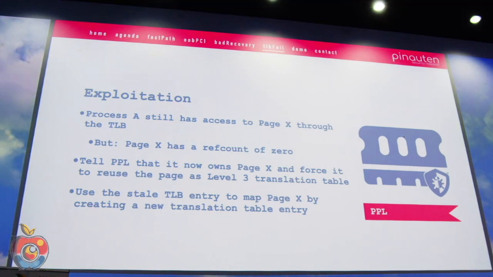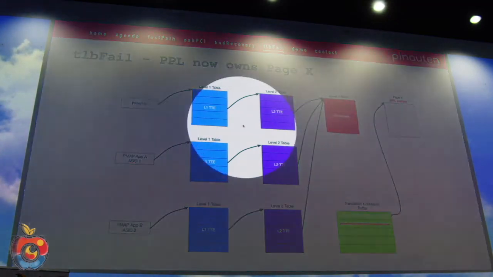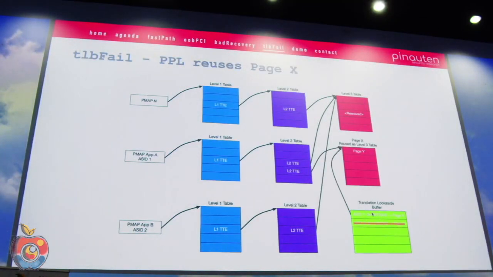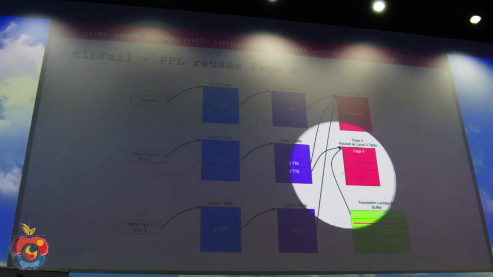After doing that, we can still access this page X through the stale TLB entry. So we mark this page as being PPL owned, and we can still access it through the translation look-aside buffer. And we can force the PPL to actually reuse page X as a level 3 page table.